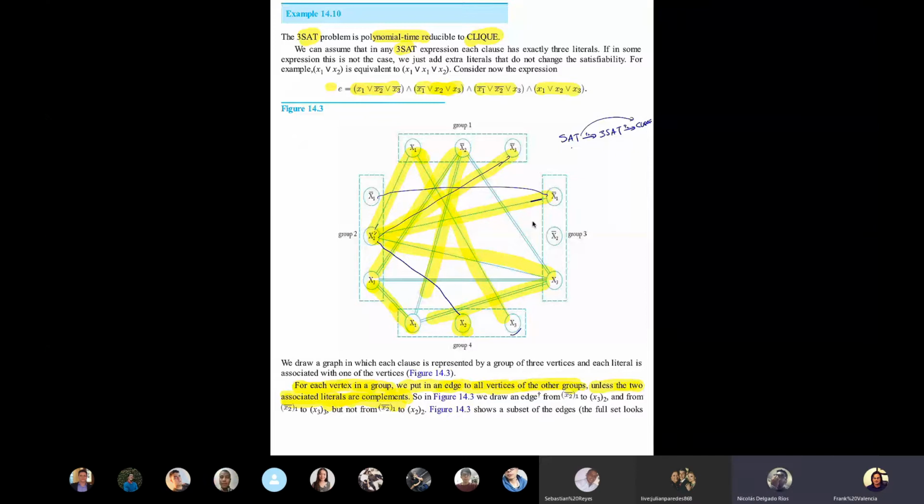Why do you think if you find a clique of size 4 here, this formula will be satisfiable? Lo estoy pensando. Okay. Just look. Try to find one. No, por favor, a mí no me ocurre un motivo. Okay, so here there is one. Wait. Give me a sec. This one gives you a clique.